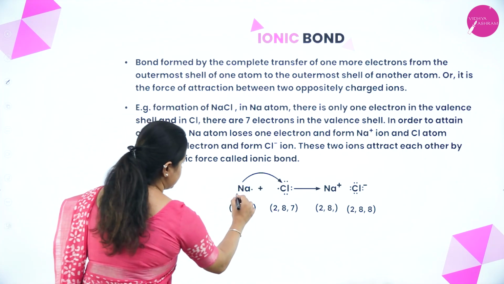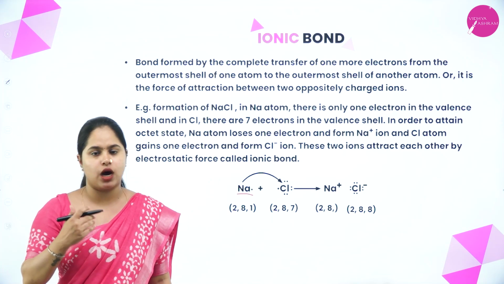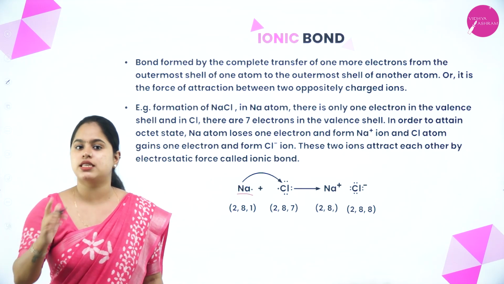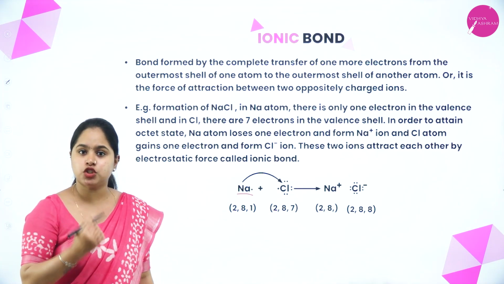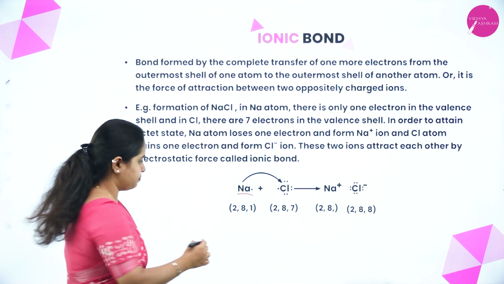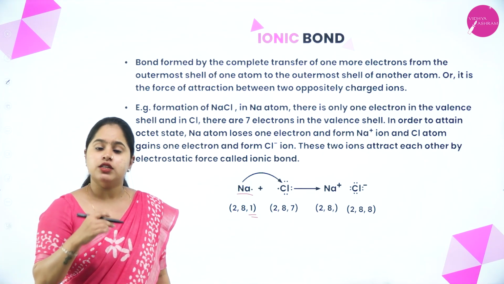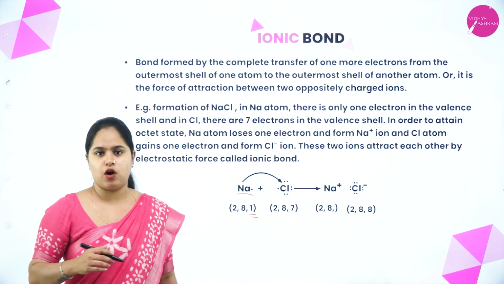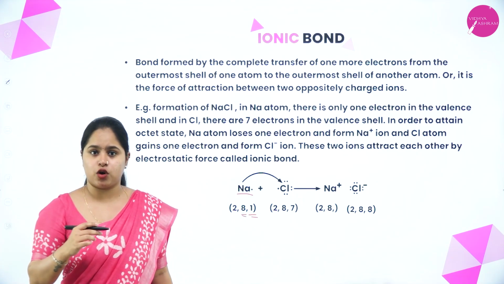The sodium atom has 1 extra electron in its outermost shell. The electronic configuration will be 2, 8, 1. In the outermost shell, there is 1 electron. So, to attain octet, what can it do? It can lose 1 of its electrons, so that in the outermost shell, only 8 electrons will be there.